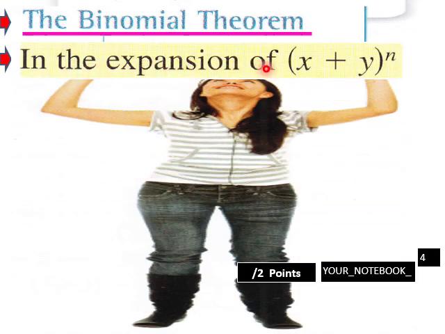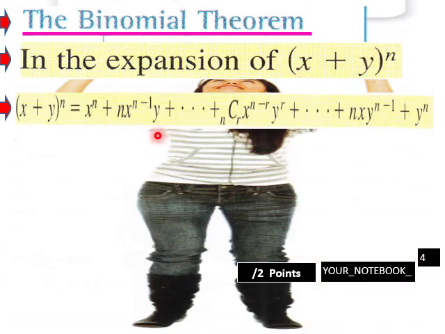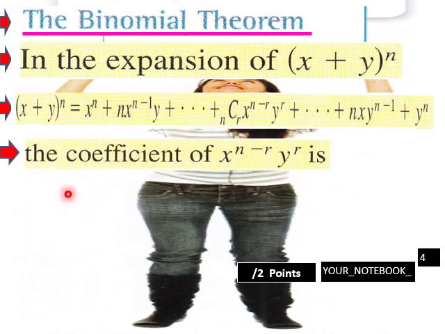In the expansion of x plus y to the nth power, x plus y to the nth equals x to the n plus n x to the n minus 1 y plus dot dot dot plus nCr x to the n minus r y to the r plus dot dot dot plus n x y to the n minus 1 plus y to the n. So there's a lot of symbolic language there. What does that mean?